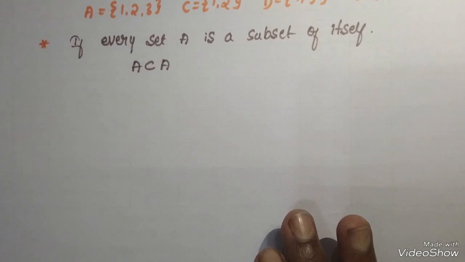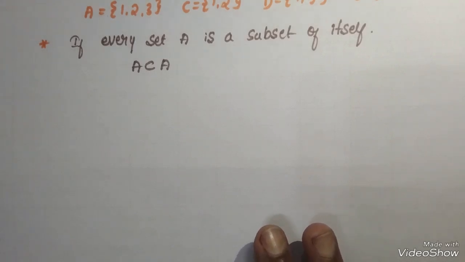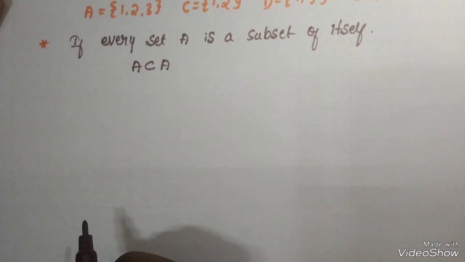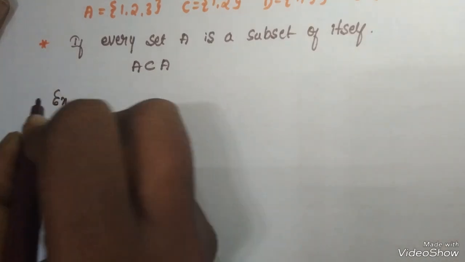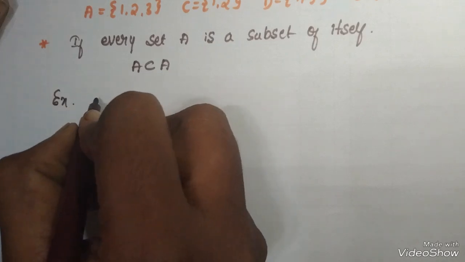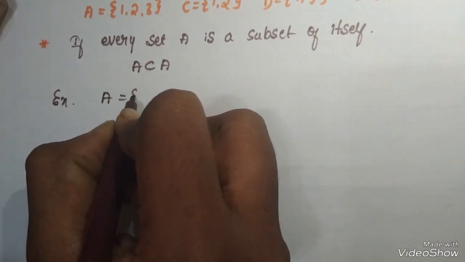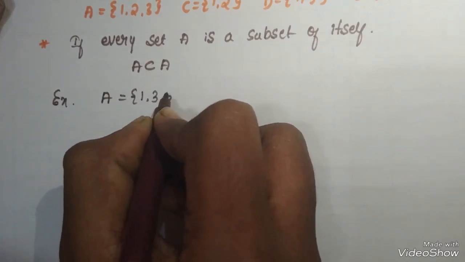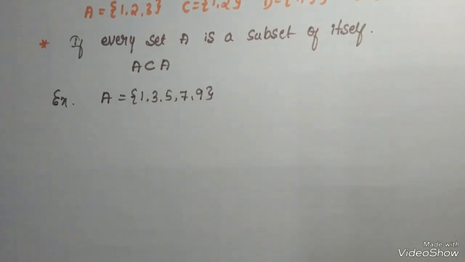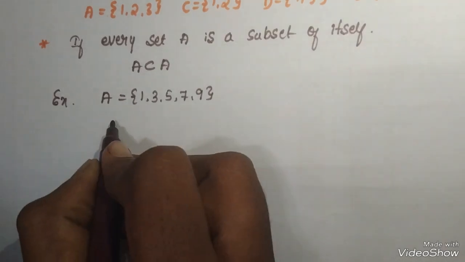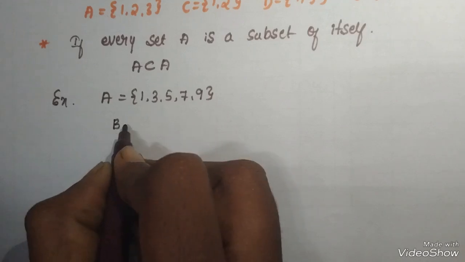Here I am writing one example. Consider the set A containing the elements 1, 3, 5, 7, 9. Write the subsets of A. Here I have written subsets.